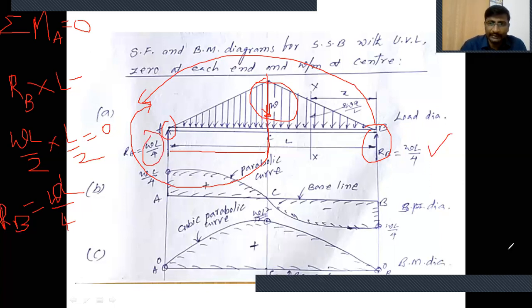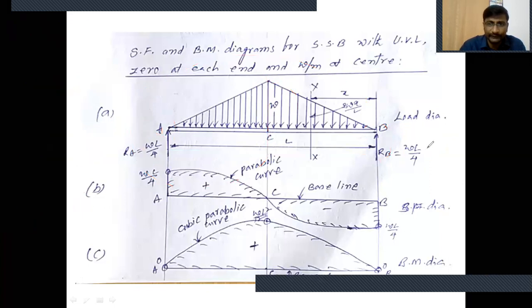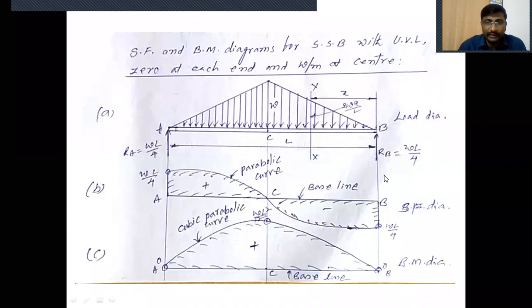Clear, students? Like this, we first have to find the reaction forces RA and RB, which are WL by 4. After finding the reaction forces, the next step is to draw the shear force and bending moment diagram. We must take the XX section.